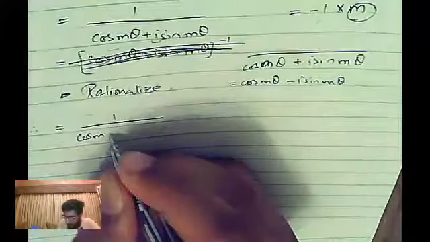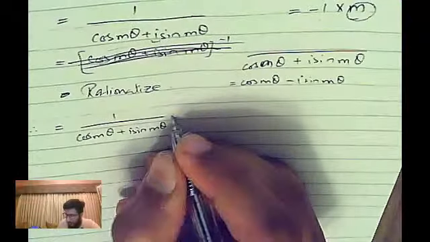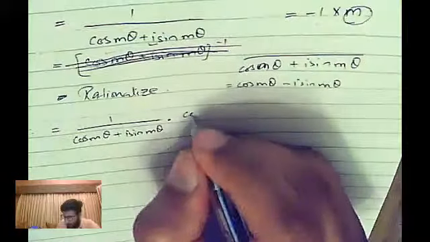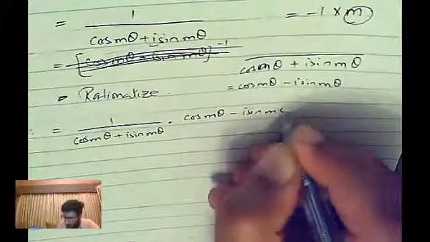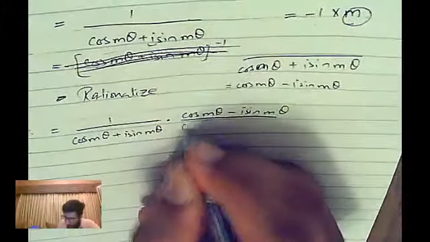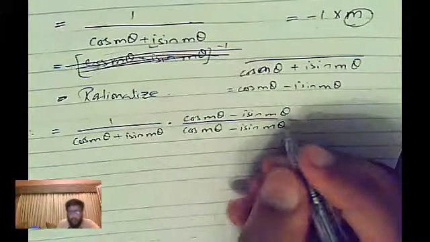Therefore, 1 over cos m theta plus iota sine m theta, times cos m theta minus iota sine m theta over cos m theta minus iota sine m theta. We can do that because it all cancels out, it doesn't make any difference.